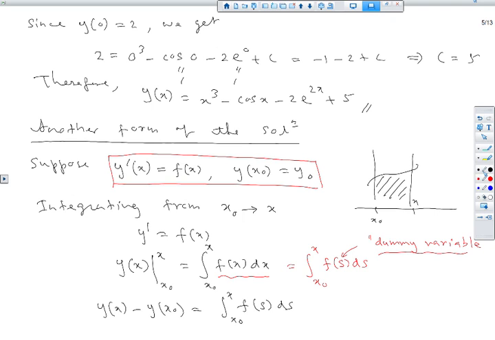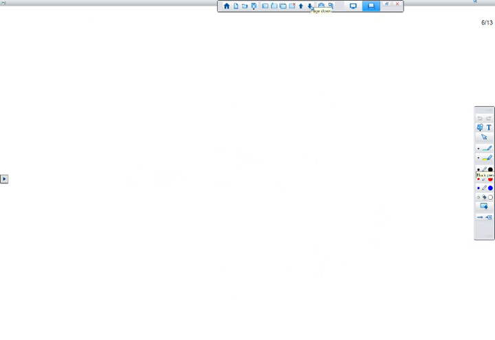Now let's move the y(x0) term to the other side. So you get y(x) equal y(x0), but y(x0) is y0, plus the integral from x0 to x of f(s) ds.